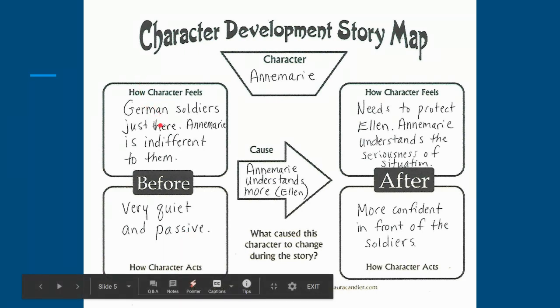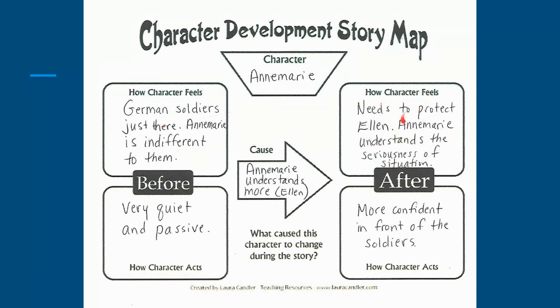Later on in the story, fourth graders, and I don't want to spoil it depending on when you see this, so I won't give a lot of details. But we go from Anna Marie just kind of accepting that the soldiers are there to her realizing she needs to protect her best friend, Ellen.